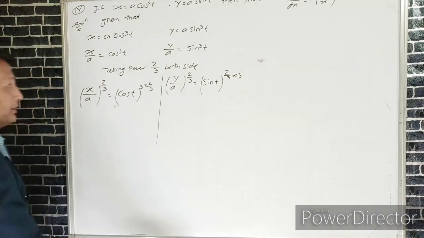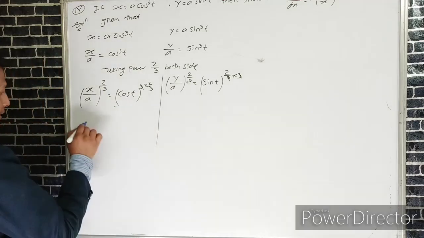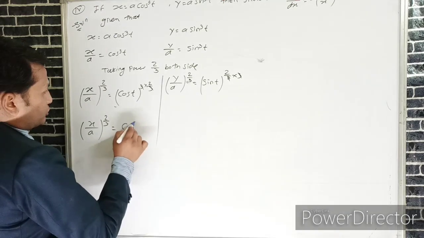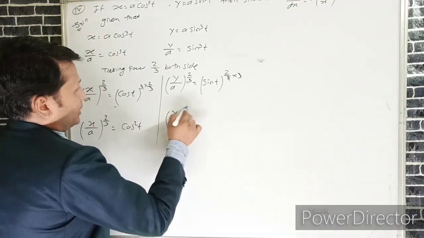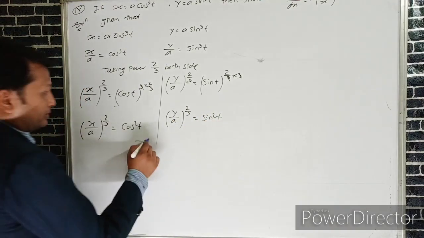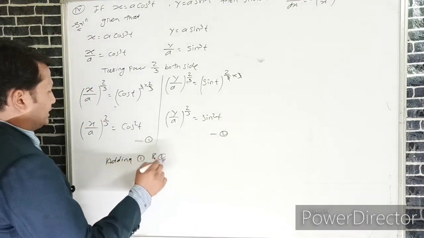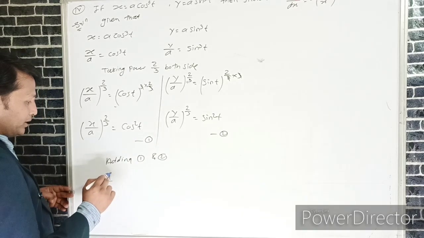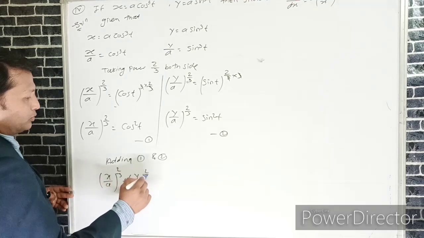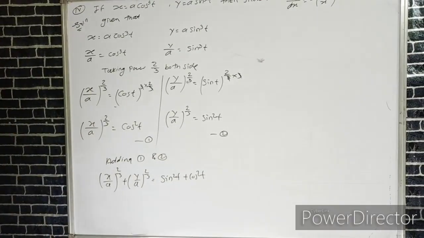Here 3 cancels, here 3 cancels, we can write x by a whole raised to the power 2 by 3 is equal to cos square t and y by a whole raised to the power 2 by 3 is equal to sin square t, which is 1 and which is 2. Adding 1 and 2 we can write x by a raised to the power 2 by 3 plus y by a raised to the power 2 by 3 is equal to sin square t plus cos square t, and sin square t plus cos square t is 1.